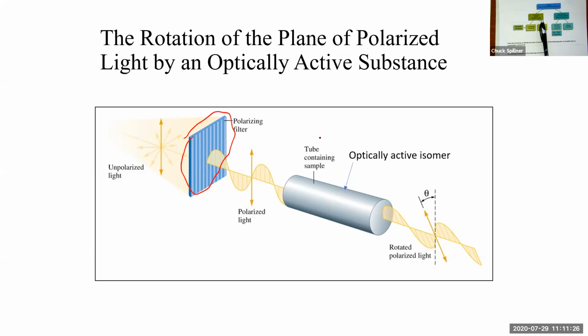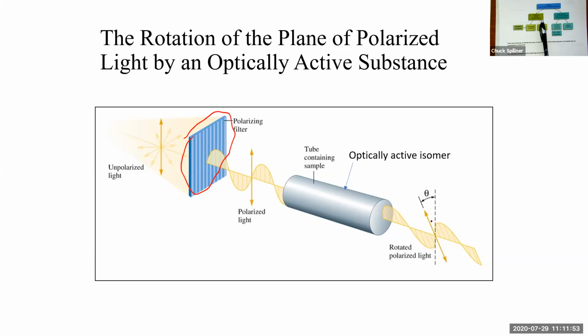And in the sample tube is your sample containing your optically active isomer, or one enantiomer of a pair of enantiomers. Remember, when we talk about isomers, you're comparing two different structures, one compared to the other. So you have one active isomer in the sample tube, and when the light comes out, it's rotated.